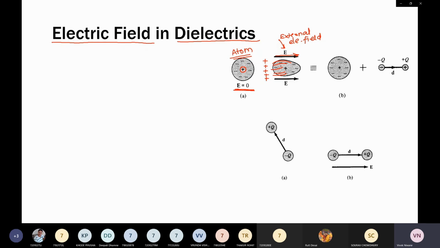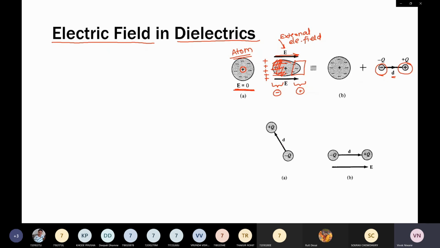So in this shaded region we have more electrons compared to this region. So in this part of the atom we have more negative charge compared to this part, which we can represent as a positive amount of charge. So under the influence of electric field, we have created a dipole separated by some distance d.